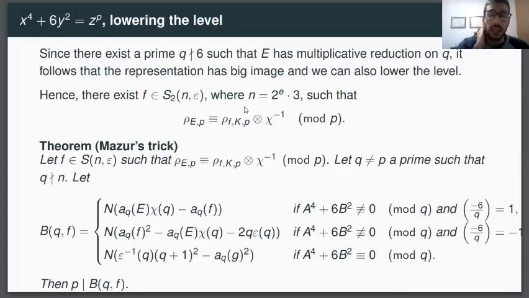And now we need to discard all these possible newforms, and we will use Mazur's trick, which gives a way of computing this number B, which depends on a fixed number q. So later we can vary this value of q, such that p divides B. And notice that we have to compute the trace of the elliptic curve, and the elliptic curve depends on the solution.